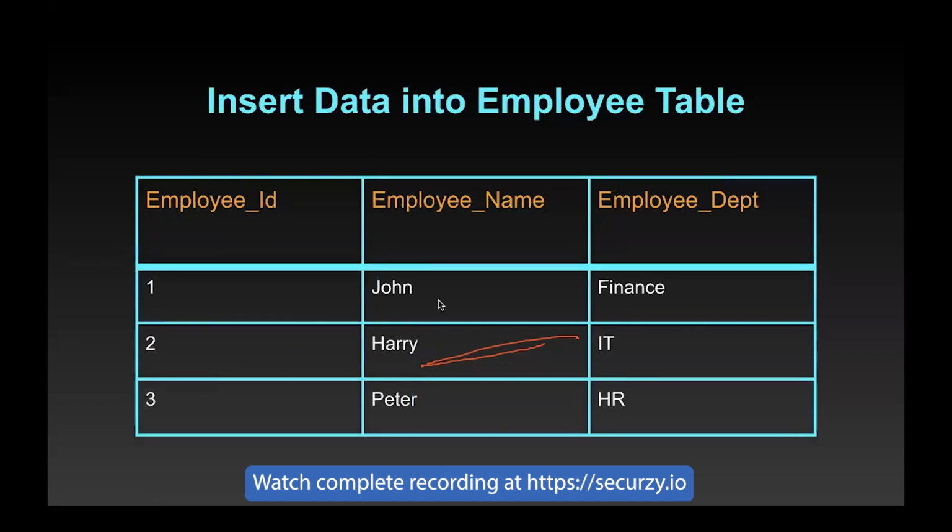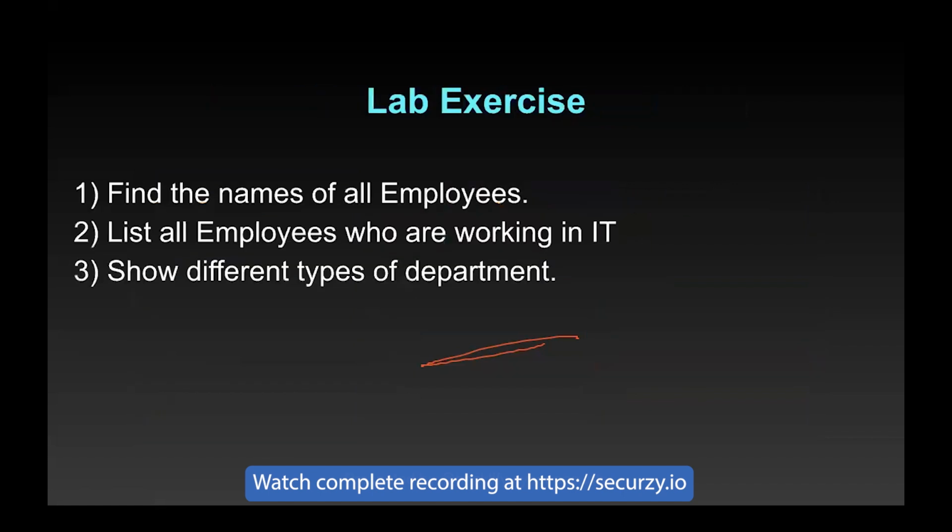The first entry is John. The department of John is finance. We have second data, which is Harry. He works in the IT department. Then I have Peter who works in the HR department. So this kind of table can be created with the help of an SQL query.